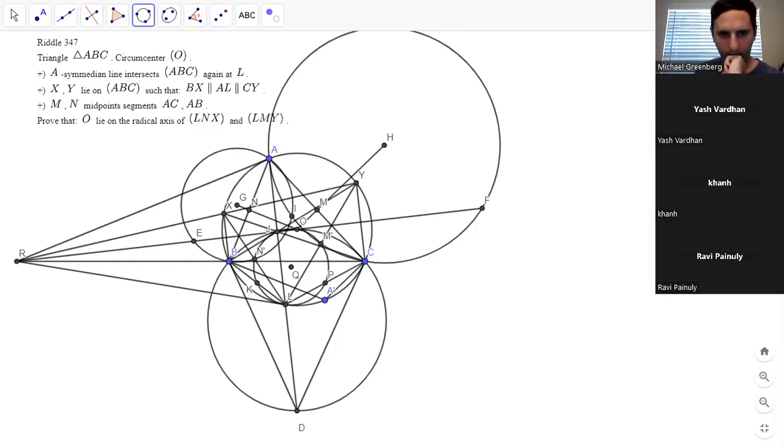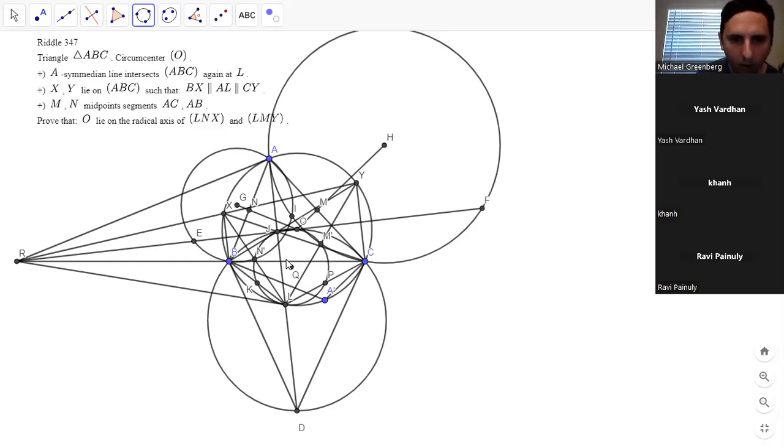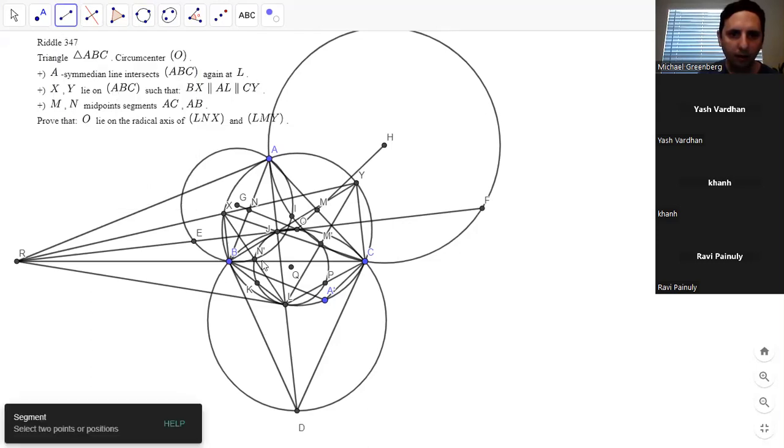I'd really like to use Casey's theorem, and to do that, the thing is I need to know something about point G. So N prime M is parallel to XY.